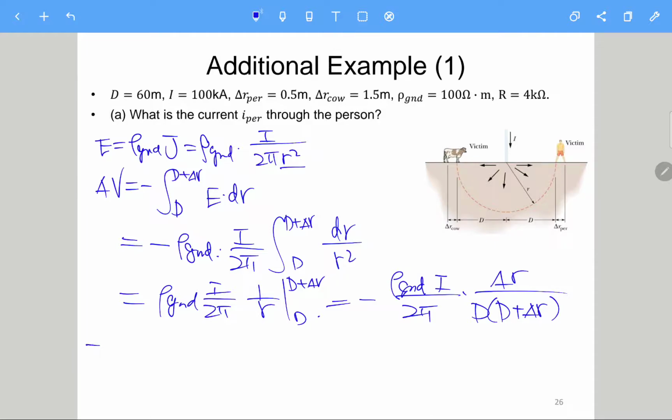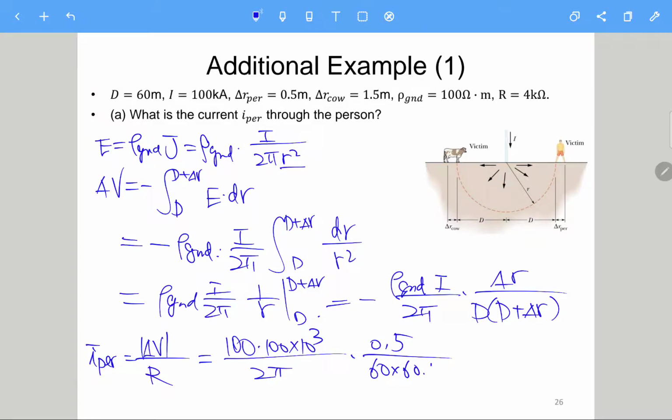So I person will be the absolute value of delta v over R. Here rho gram is 100 ohm per meter, and I is 100k, over 2 pi times 0.5 over 60 times 60.5, because we have d equals 60 and delta r is 0.5, and then R is 4k, so 4 times 10 to the third power.